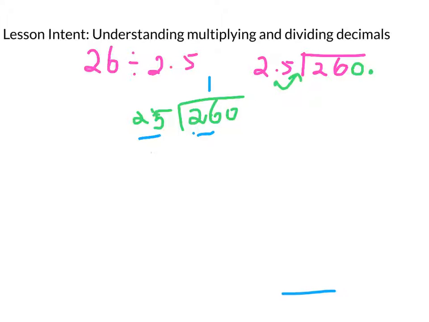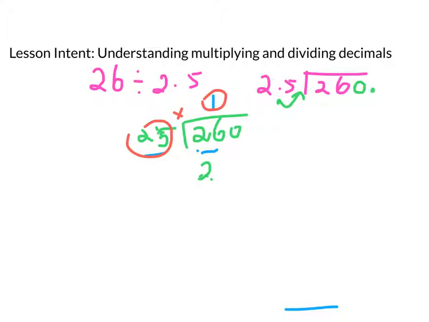Now, 1 times 25 is 25. So we add that down there. We take 25 from 26, which equals 1. We then need to bring down this 0 to here, making it 10.